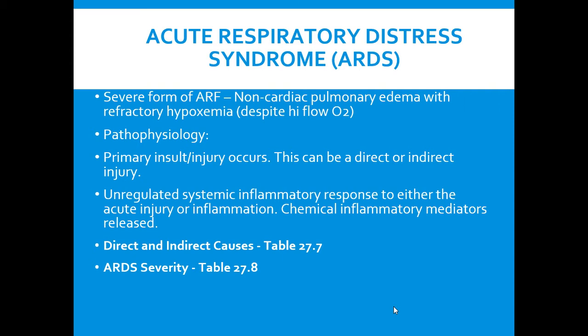So this results in right-sided heart failure due to this increase in PVR, or high vascular pressure in the lung. Fibrotic changes also occur in the lung tissue. Clinical manifestations of the proliferative phase include hypercarbia and worsening hypoxemia.